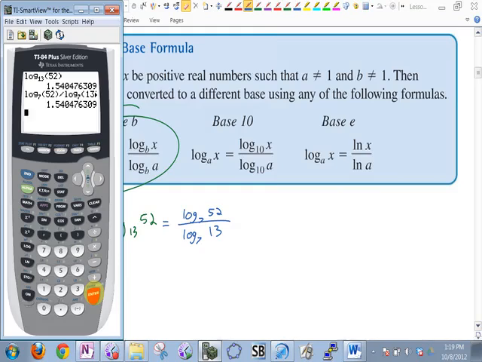Now, I think it's silly. I think it's really ridiculous that our graphing calculator, on the very actual buttons, has a button for common log and a button for natural log. Apparently, both of those are used so much that they got top priority. They're not even a second option for a button. They're the first option for those buttons, which is kind of weird because they actually literally ran out of buttons when they made the TI-84.